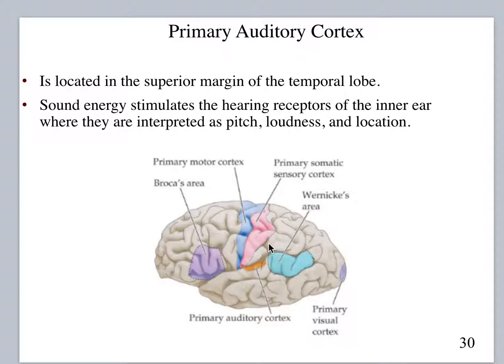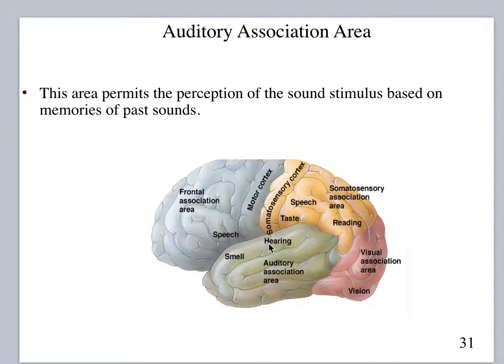There's an auditory cortex, the primary auditory cortex, in the temporal lobe. It receives input from the ears for hearing. It receives pitch, loudness, and localization of sound information, and you might have guessed it, there's an auditory association area too, that basically helps explain the sounds to the auditory cortex so that the sounds make sense.